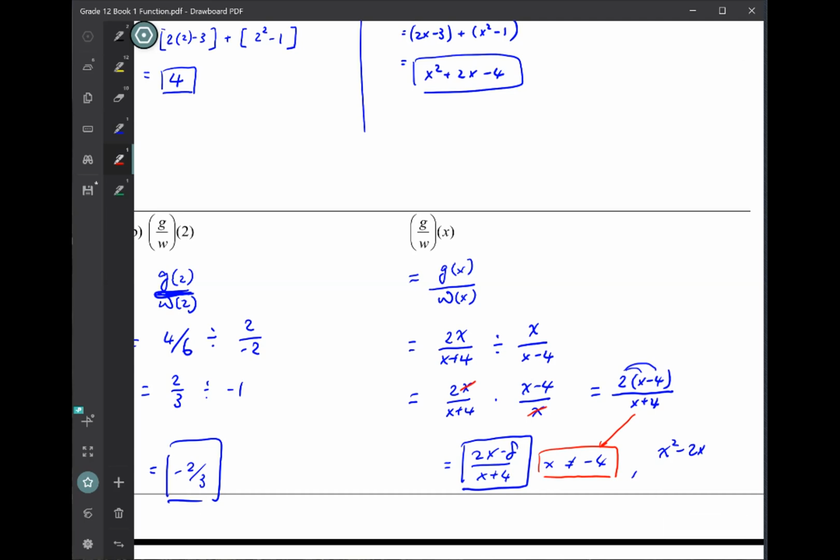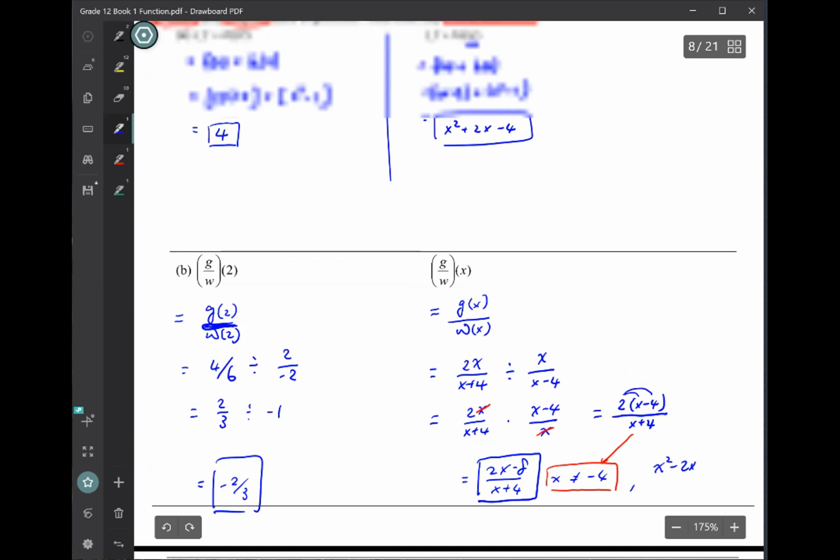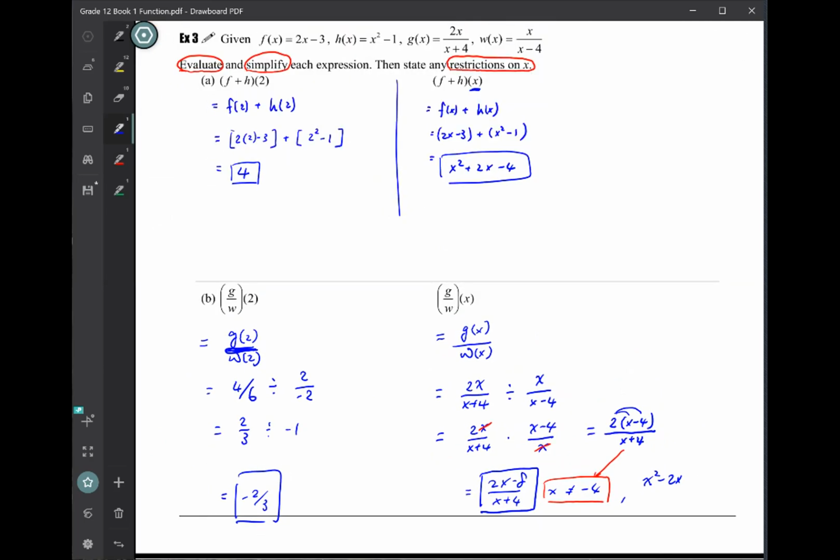Did I miss anything? Ray, does your Photomath tell you restrictions? No, I don't know. I'll check. Okay, please check. I would like to see how detailed it is. Did I miss anything in this part?